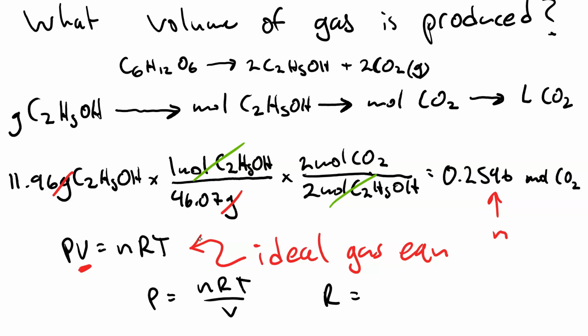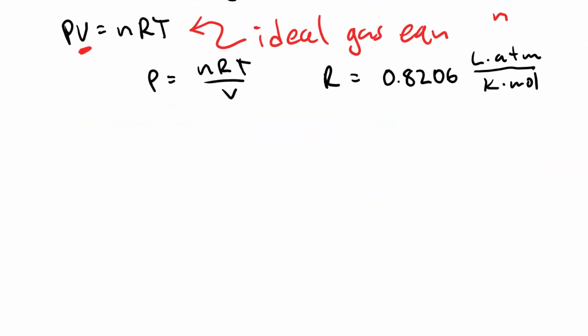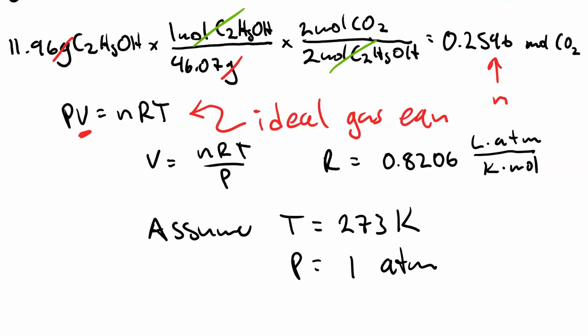R is the universal gas constant, whose value is 0.08206 liters times atmospheres over Kelvin times moles. Then if we assume that our temperature is the freezing temperature of water, 273 kelvins, and our pressure is 1 atmosphere, that's standard temperature and pressure, abbreviated STP, we are ready to plug in our numbers.